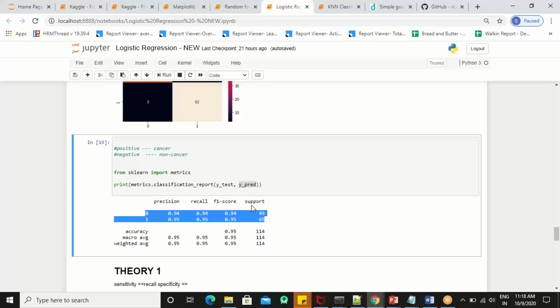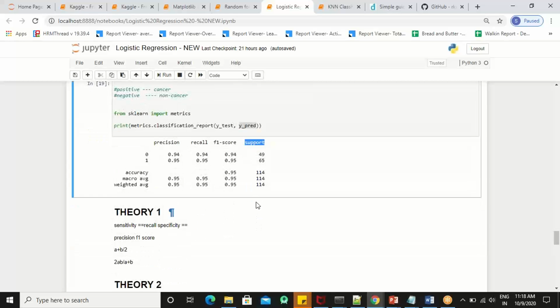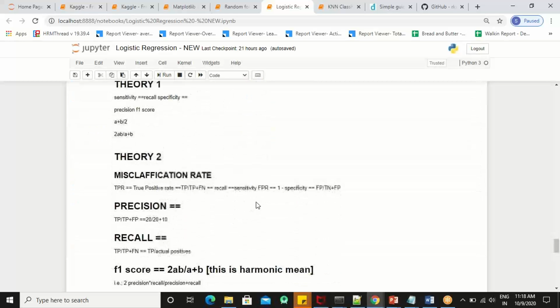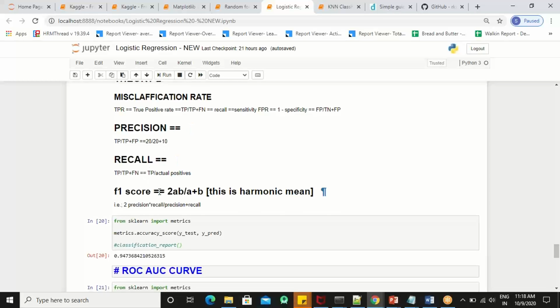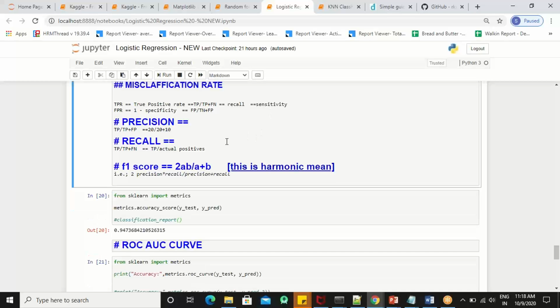So what's the reason to split it by support? We will talk about it, but for the time being, remember we are talking about precision, recall and the F1 score. Now let's talk about precision, recall and F1 score. Yeah, so misclassification rate is there, where we talk about TPRs, FPRs, and all those things.